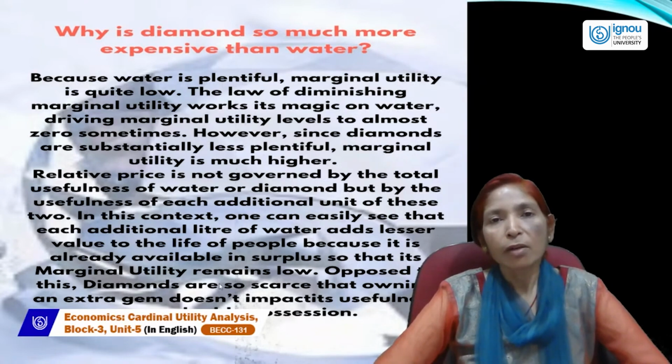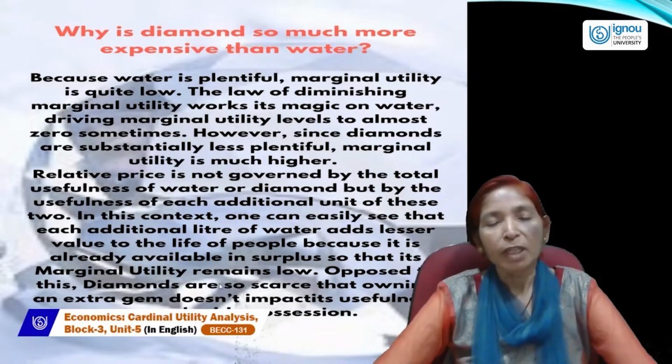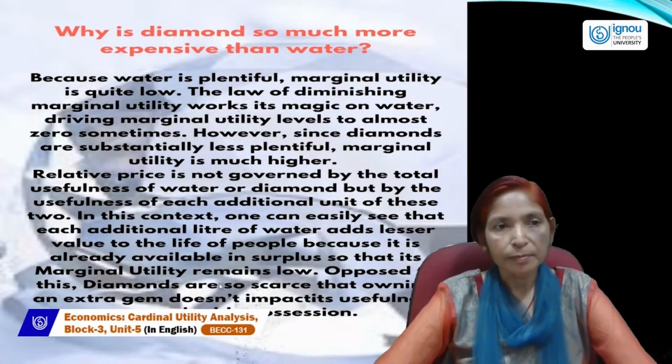Each additional liter of water adds less value to the life of people because it is already available in abundant quantity or in surplus, so its marginal utility remains low. Opposed to this, diamonds are so scarce that owning an extra gem does not impede its usefulness as a valuable possession. That's why water is cheap and diamond is so costly.